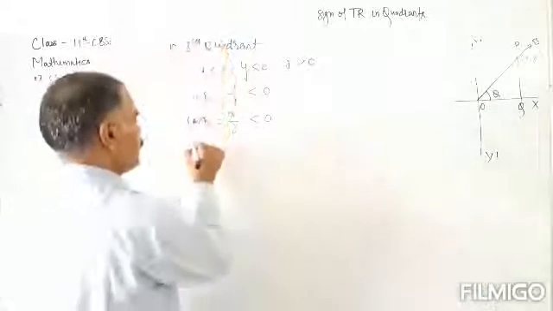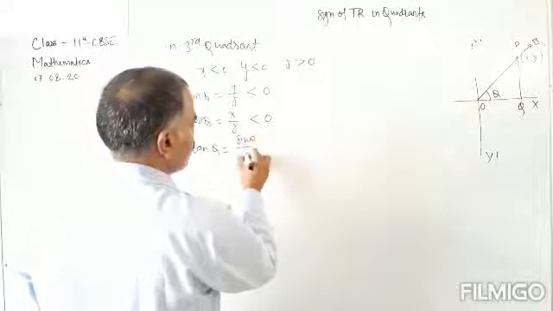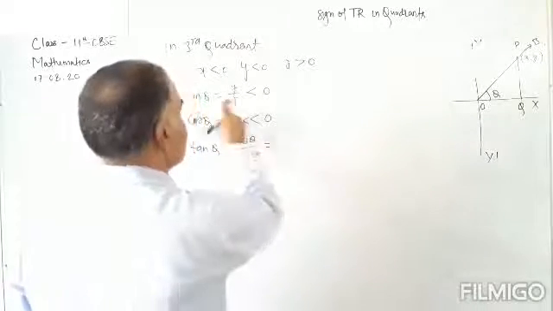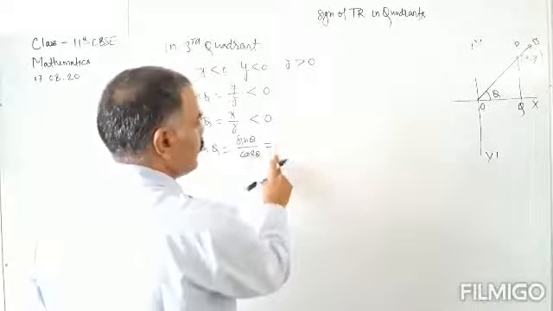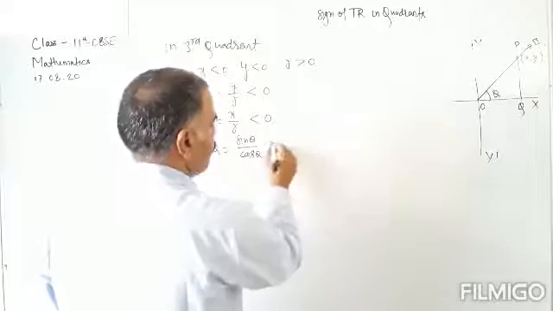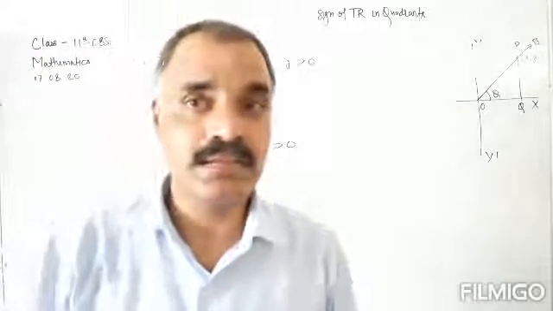Now tan theta is equal to sin theta upon cos theta, and sin theta is negative, cos theta is also negative. Negative upon negative is positive. So tan theta is greater than 0.